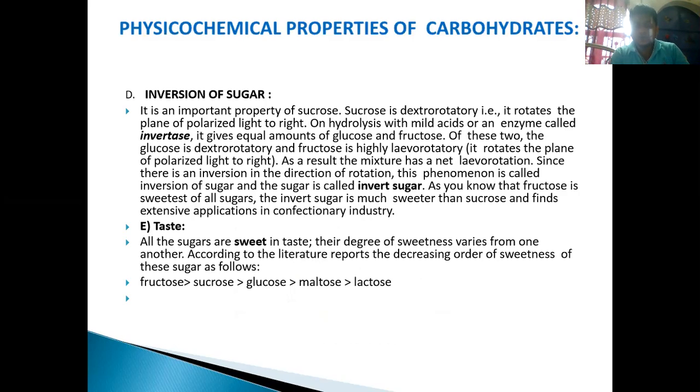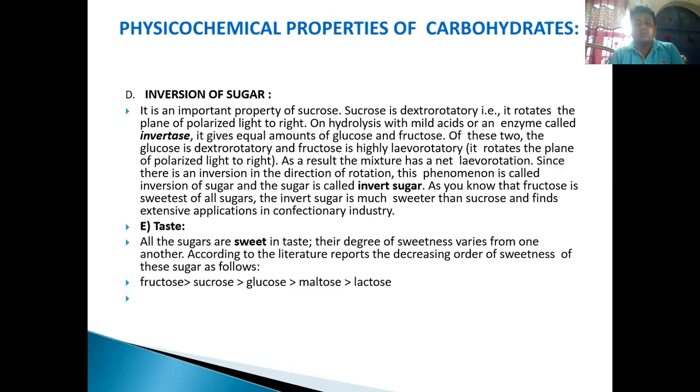When it rotates anti-clockwise, it is called levorotatory. Glucose shows dextrorotatory rotation, but fructose shows levorotatory rotation, highly levorotatory. That is why the whole solution becomes levorotatory. That means the solution is inverted, and that is why this sugar is called invert sugar.